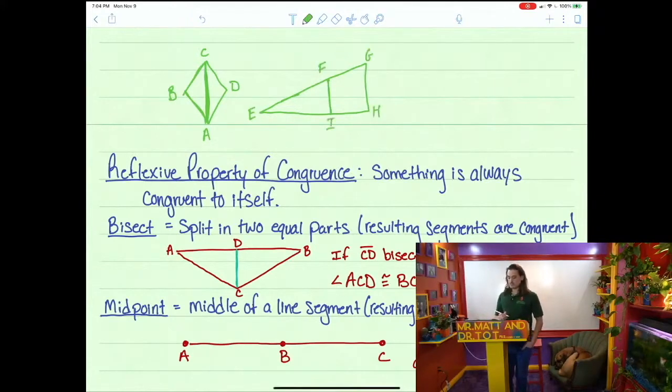So for example, the reflexive property here tells us that side length CA in one triangle is congruent to side length CA in the other triangle because they both share that side length. They overall make this diamond-like shape, this rhombus, but when we split them into two triangles, the two triangles share a side. So by definition, that side has to be congruent between the two triangles.